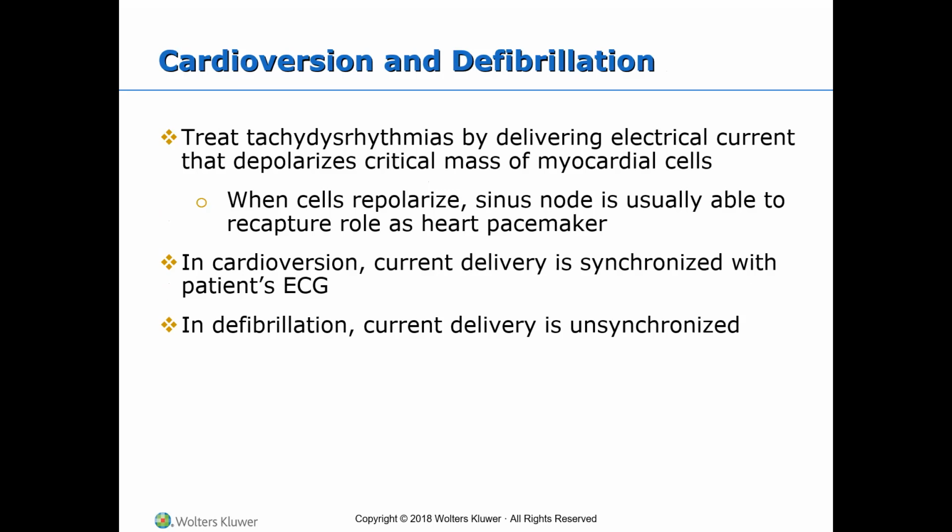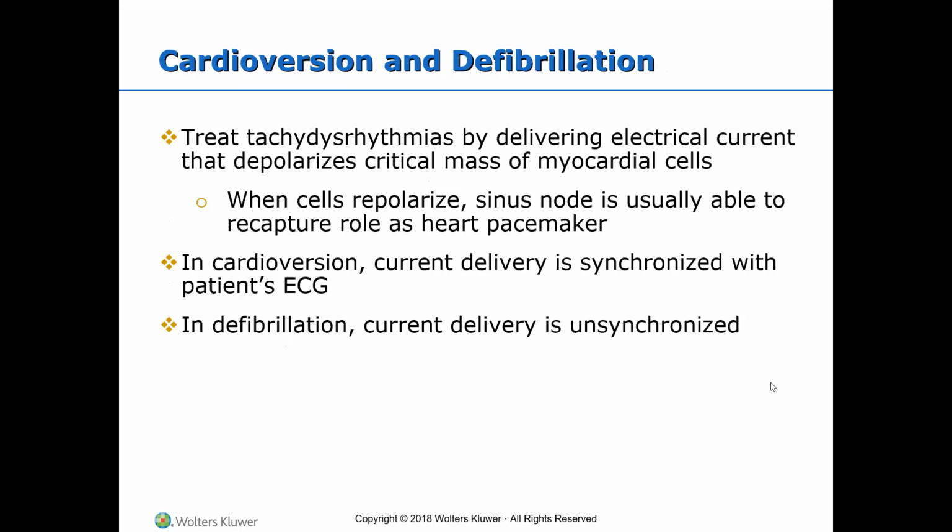So we treat tachy dysrhythmias by delivering electrical current that depolarizes a critical mass of myocardial cells. And when the cells repolarize, the sinus node is usually able to recapture the role as the heart pacemaker. In cardioversion, current delivery is synchronized with the patient's ECG, and in defibrillation, current delivery is unsynchronized.